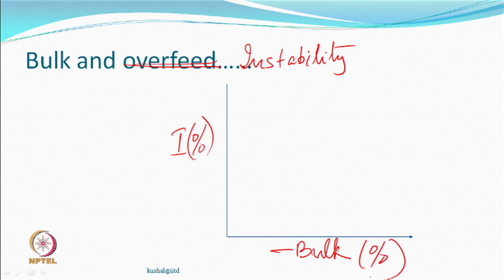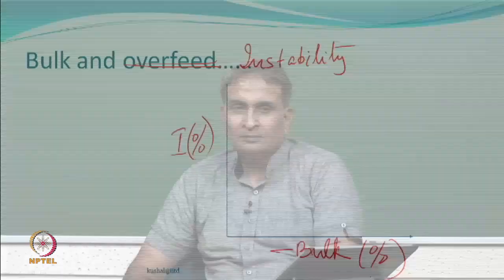This is what I want to plot, a generalized curve, irrespective of what I have done to the yarn. Many yarns have been prepared, see the bulk, see the instability, see the bulk, see the instability, and then try and plot them.